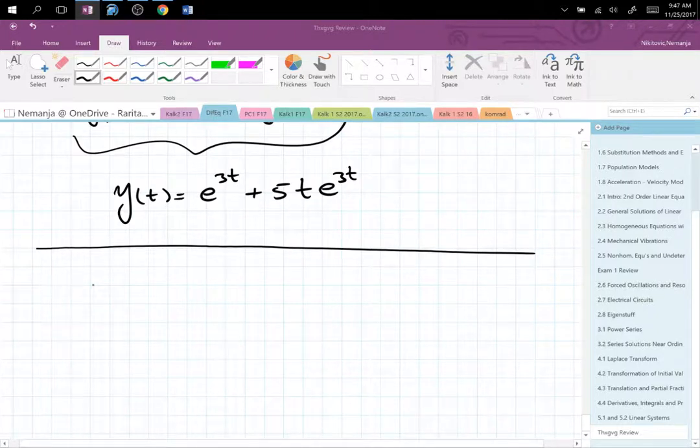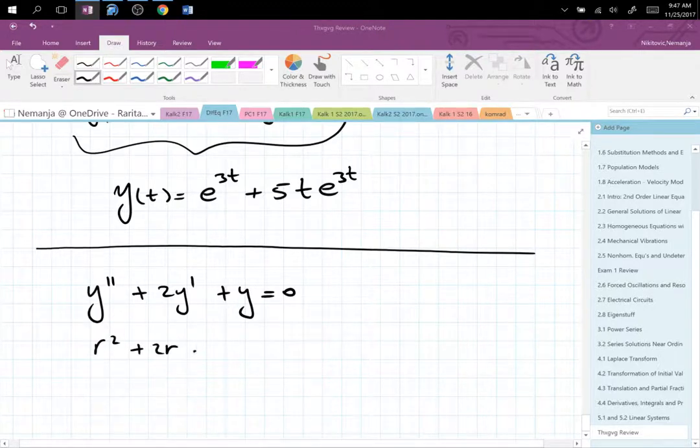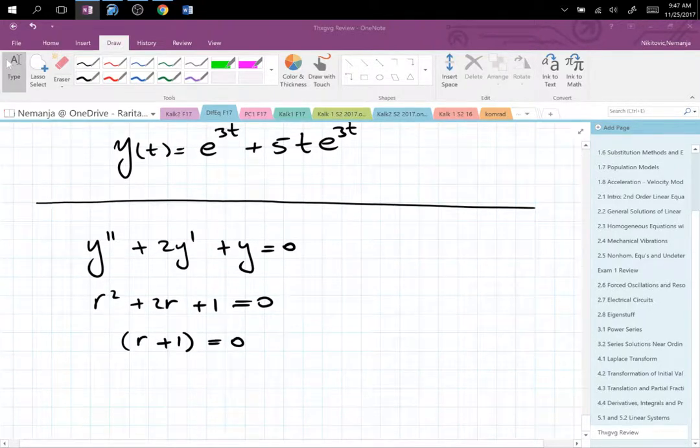Say you have y double prime plus 2y prime plus y equal to 0. Now, the characteristic equation over here is r squared plus 2r plus 1 equal to 0. This factors into (r plus 1) squared equal to 0, which is just r equals negative 1 with multiplicity 2.